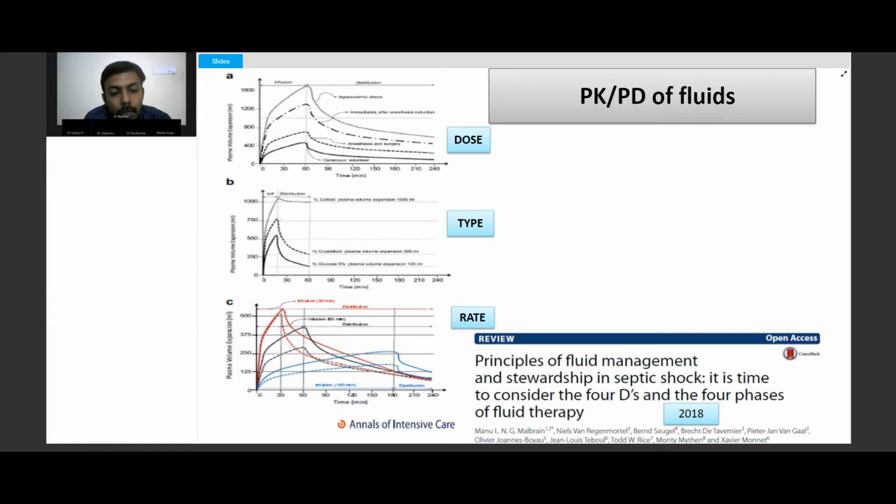The solid lines are the colloids, and the dotted lines are crystalloids. So colloids and crystalloids do fairly similar when we give it over 30 minutes to 1 hour. Currently we are practicing this 30 minutes to 1 hour duration for the fluid bolus.